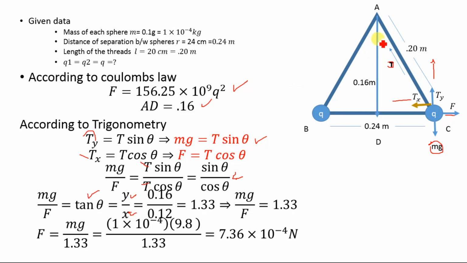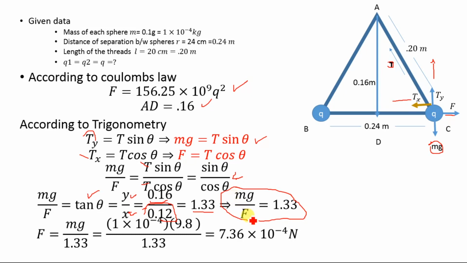Now here from this triangle we can see that the perpendicular, or the y, is 0.16. Similarly, the base is given as 0.12. Substituting the values for y and x, dividing 0.16 by 0.12, we will get 1.33. So we have mg divided by F is equal to 1.33.